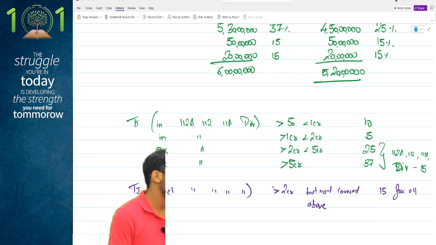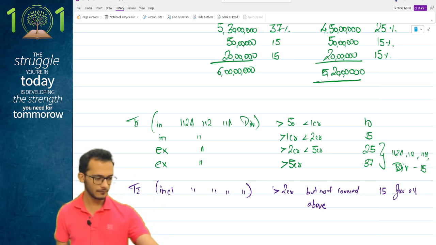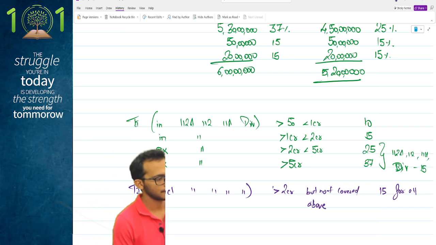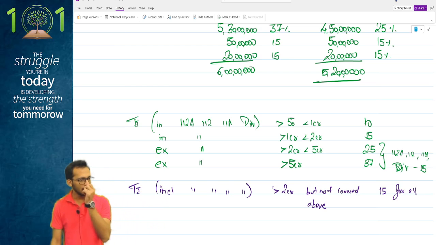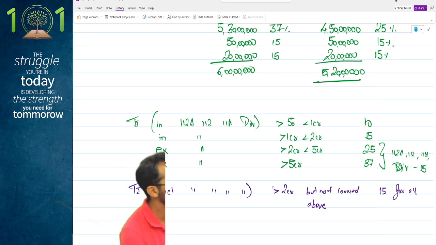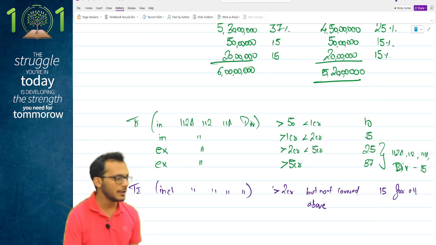Question number 5. Compute tax for Mr. A. Age 44.